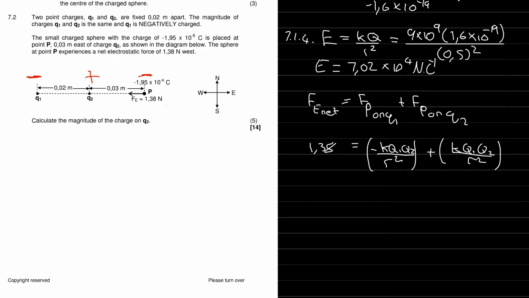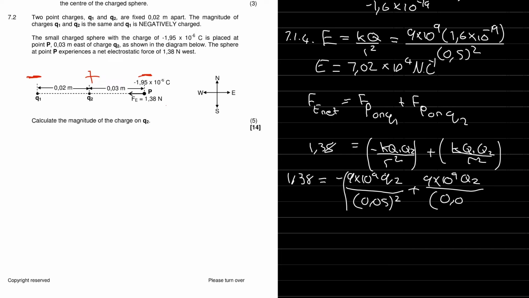So now we substitute our points in, right? k is 9 times 10 to the 9, and we'll call that Q2. Even though it's Q1, we're calling it Q2 because they're the same charge, remember. This distance is 0.02 plus 0.03, so 0.05 squared, plus 9 times 10 to the 9, Q2, all over 0.03 squared now.